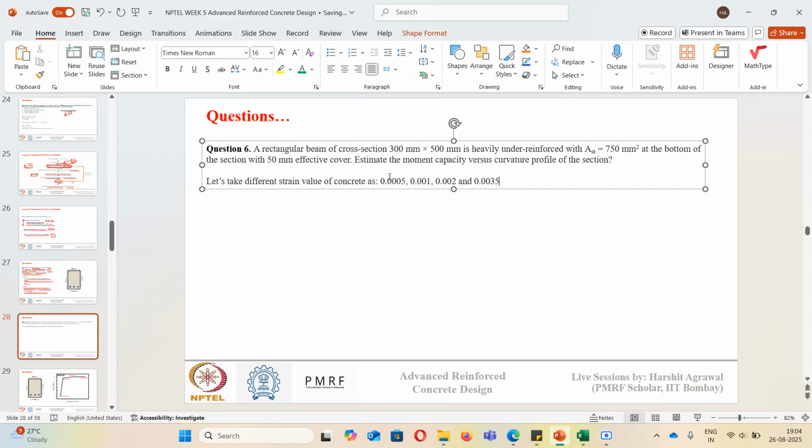At these four strain values, we'll find the moment capacity and the curvature. First we have the lowest strain, which is 0.0005. This is the concrete strain that I have fixed now.